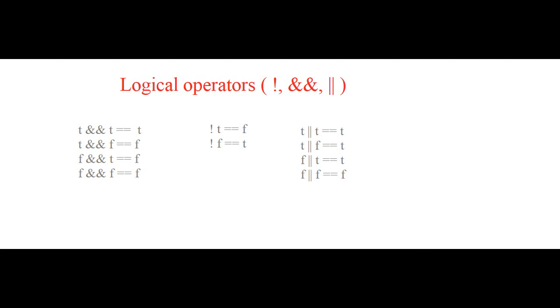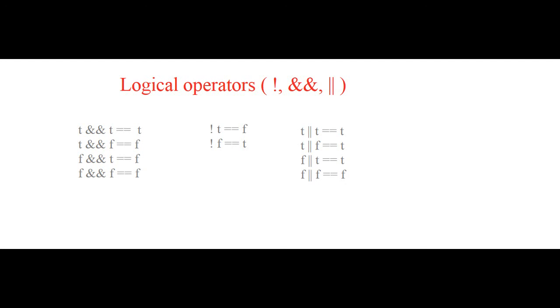Now, let's have a closer look at the logical operators negation, and, and or. When there is a negation, it gives you the opposite of what you have. If you have true, then you have false. If you have false, then negation of false is equal to true. And means you have both things. Both things are true.